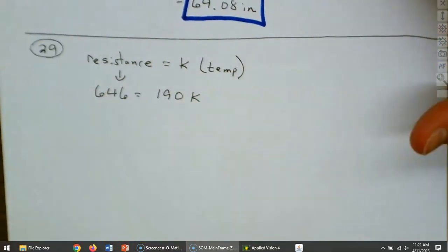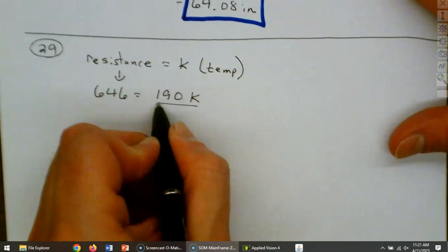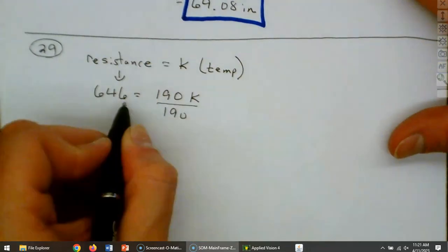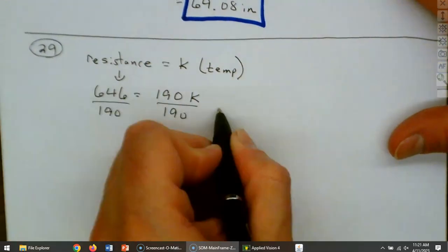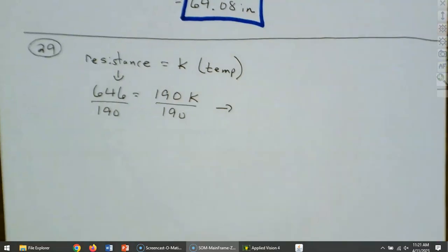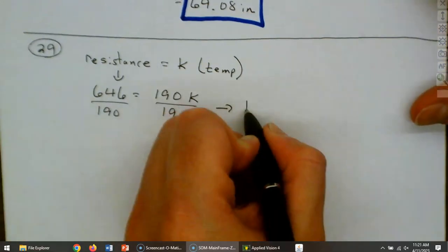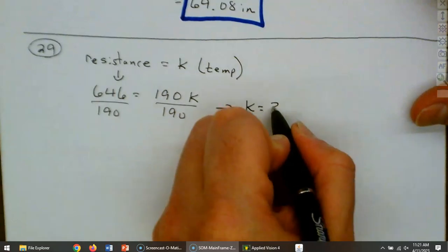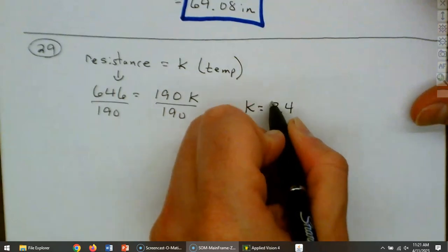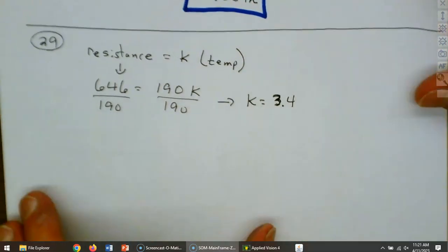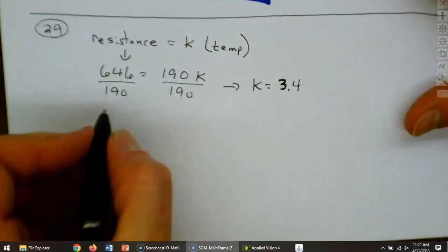Let's go ahead and find our K now. So divide by your 190. K may or may not come out to be a whole number. In this case, it comes out to be a nice, easy to use decimal. So K is 3.4. What does our formula now look like?